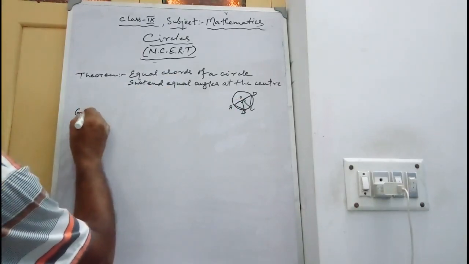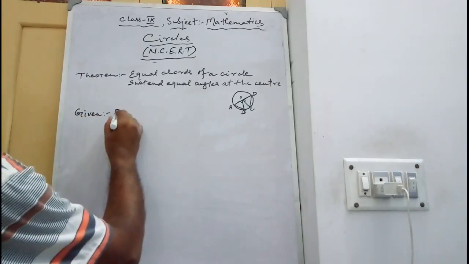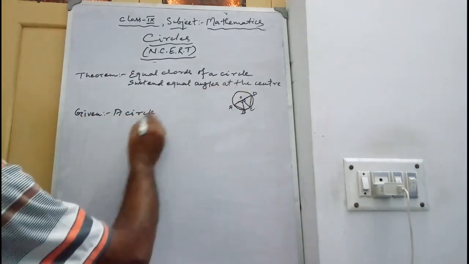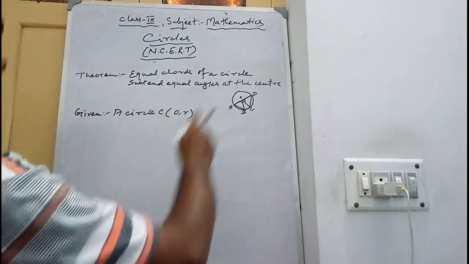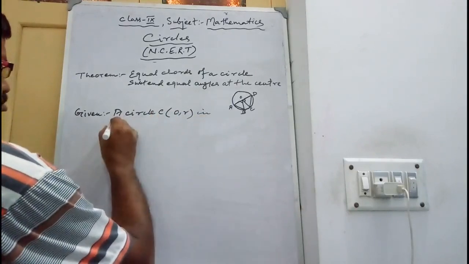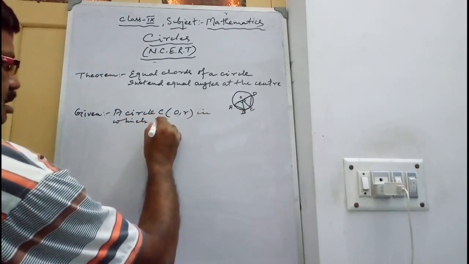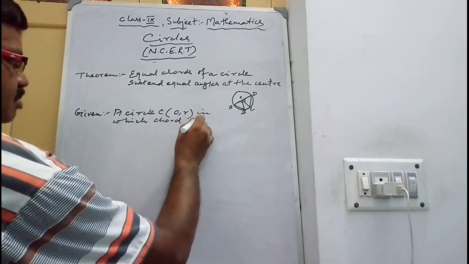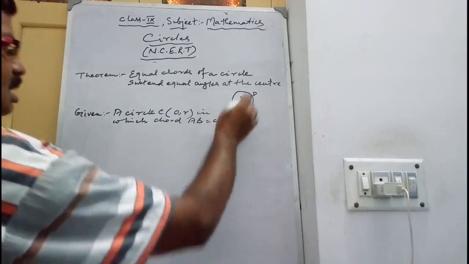Suppose we are given a circle with center O and radius R, in which chord AB is equal to chord CD.